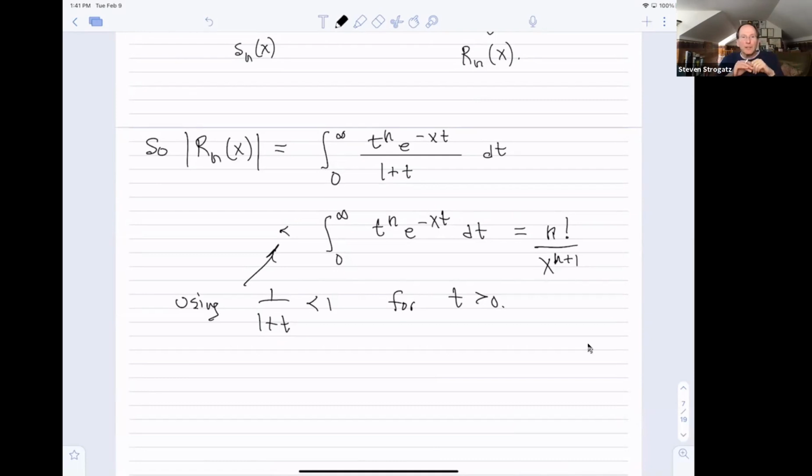Right? When we had written out the series, it was a bunch of expressions that look like this. So in fact, what we're showing is that the remainder term is less than the first term that we neglected.